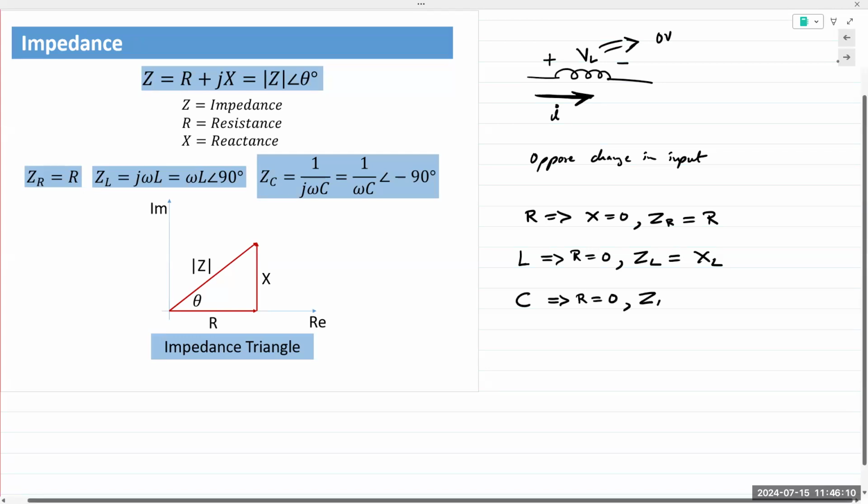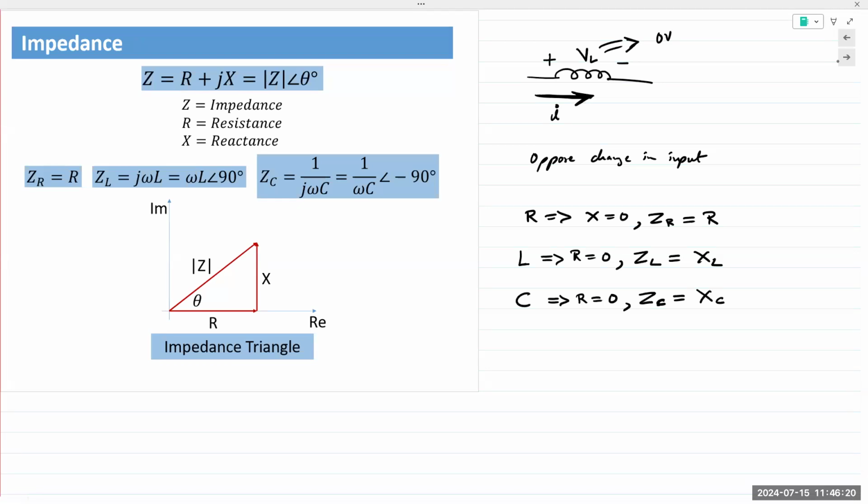So for an inductor and capacitor, the resistance is equal to 0. So all they are left with, the impedance of an inductor and capacitor, is XL and XC. For a resistor, the reactance X is equal to 0. So ZR, the impedance of a resistor, is equal to R. For an inductor and capacitor it is the exact opposite. The real portion is equal to 0, but the reactance is non-zero.